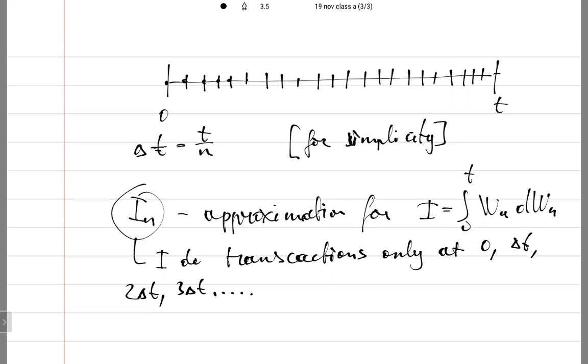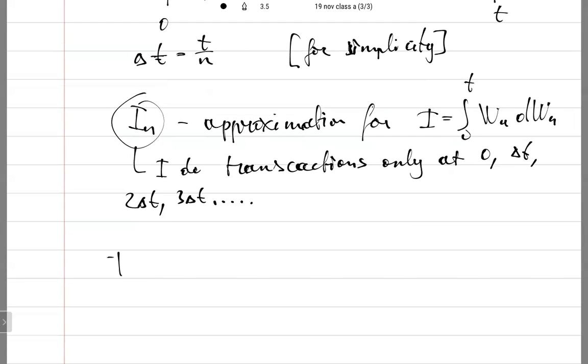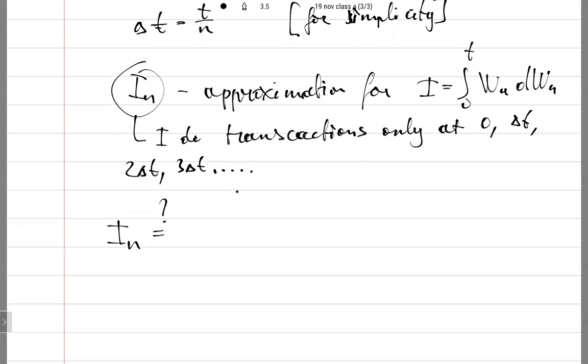Now let's calculate I_n. It's a process with jumps, which is constant: I have a constant amount of shares, of cups, of objects between trading points. So we can calculate this stochastic integral using just our intuition.